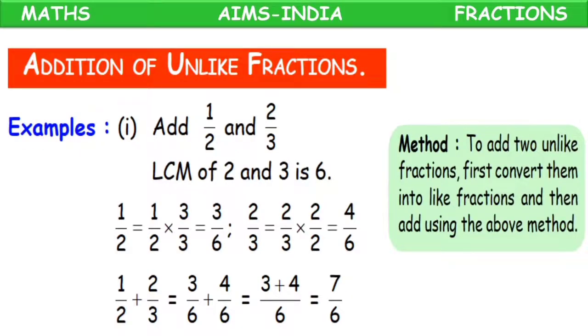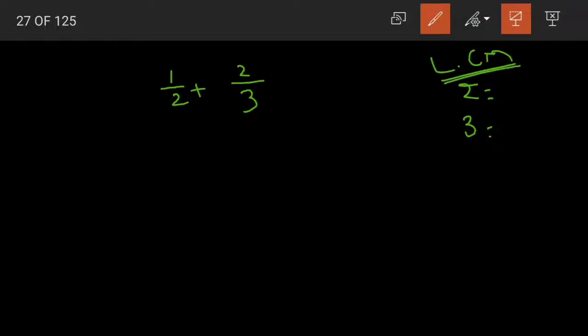Now what is the question here? Add 1 by 2 and 2 by 3. 1 by 2 plus 2 by 3. What are the denominators here, children? 2 comma 3 are our denominators. We should find the LCM, that is the least common multiple.